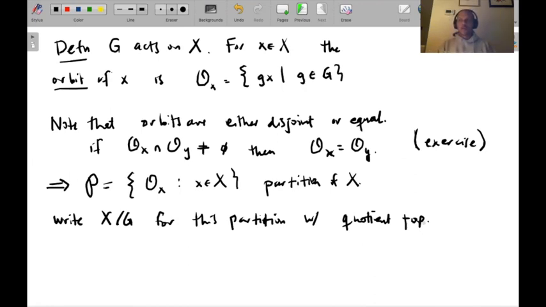Okay, so in this way, given a group action on a space X, we can consider the orbit space. This is called the orbit space. This is the set of orbits, which we can topologize as a quotient.